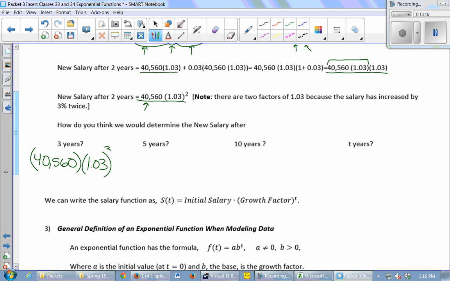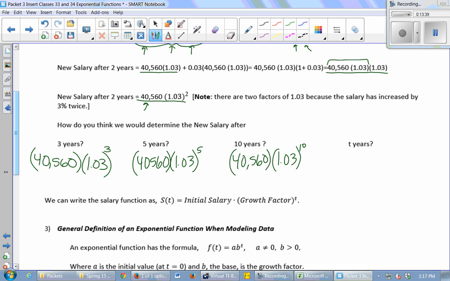So I would make that cubed. So for 5 years, I would just do 40,560 times 1.03 to the 5th. 10 years, to the 10th. Increase by 3% 10 times.